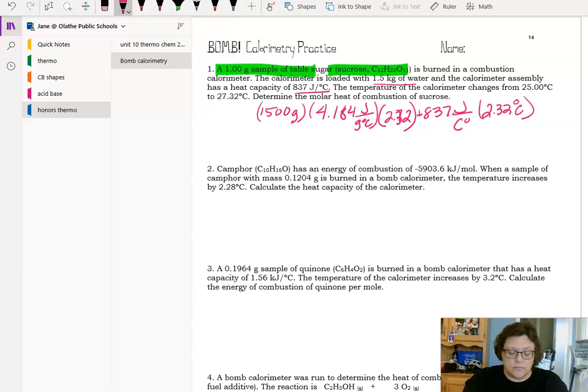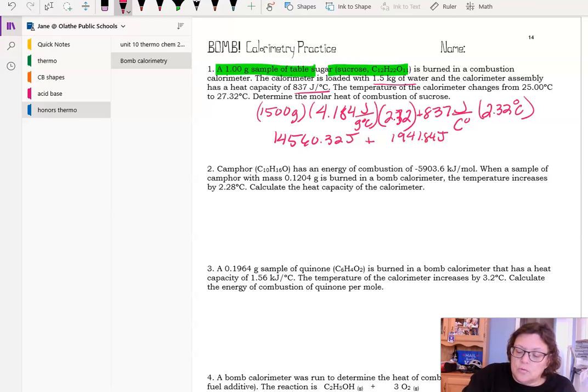Okay, so if we do the math, we get 14,560.32 joules plus 1,941.84 joules for a total of 16,502.16 joules.